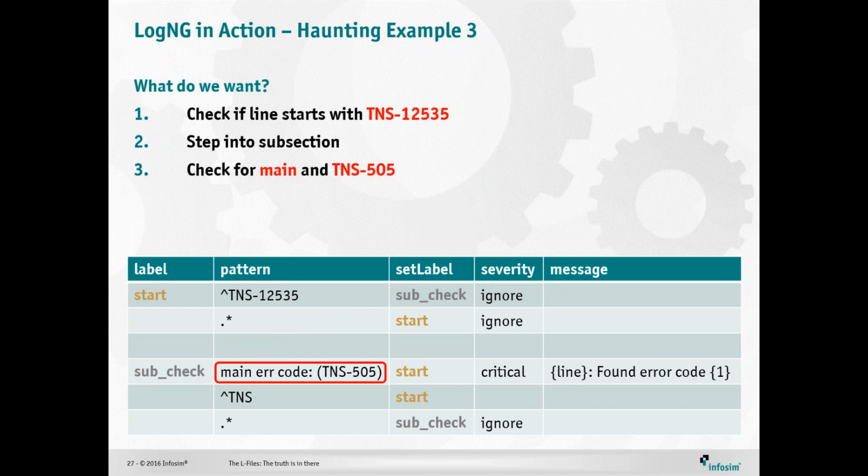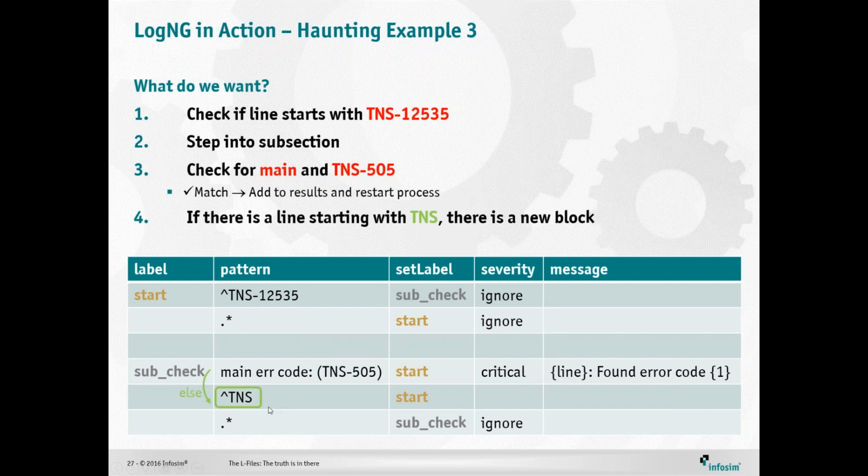If we found this main error code, then we will add the message to the output because we found an error. Severity is critical in this case. If we did not find such an entry, then it must either be a line starting with TNS, then we have a new block and we will restart the process all over again, or we found something different and we will keep searching for our main error code.